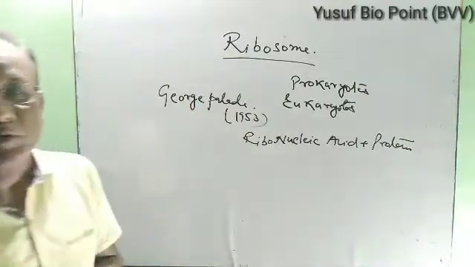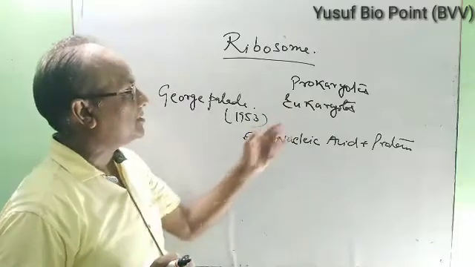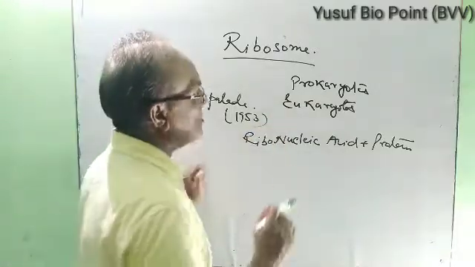It is made up of ribonucleic acid and protein, and it is found in prokaryotes and eukaryotes.